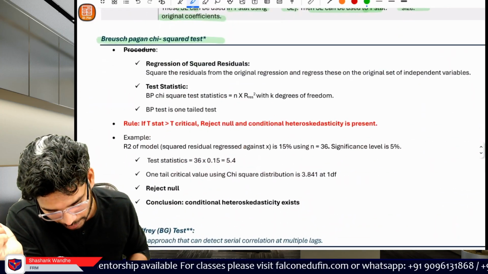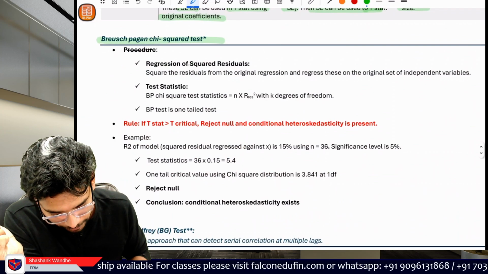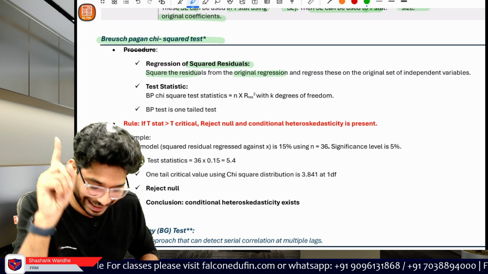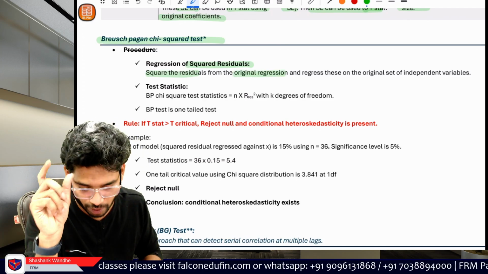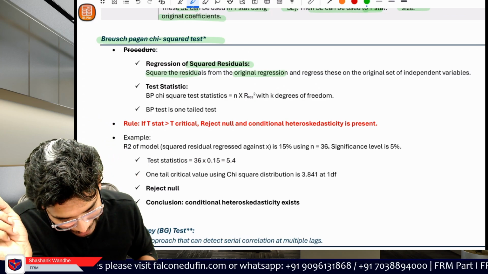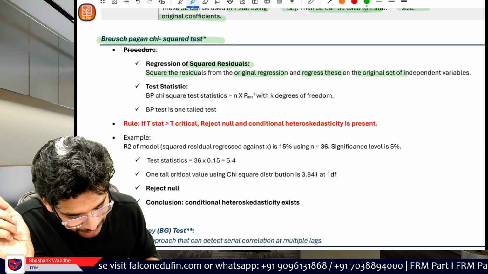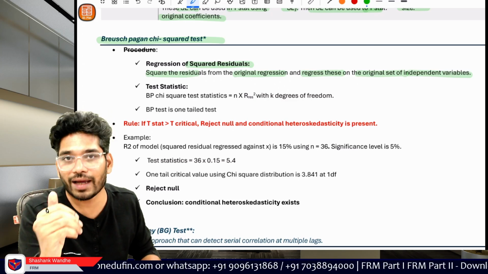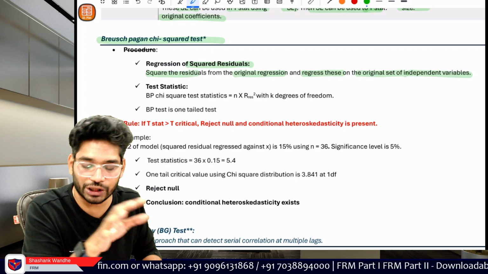That's why we use the regression of the squared residuals, where the squared residuals from the original regression, your original model, are regressed on the original set of independent variables. Obviously, this is what we want to find out in heteroskedasticity. That's why we will run this regression.